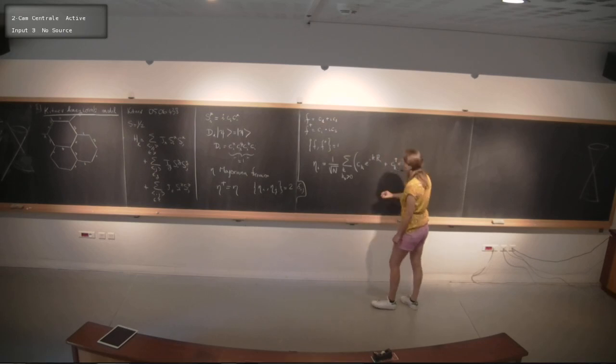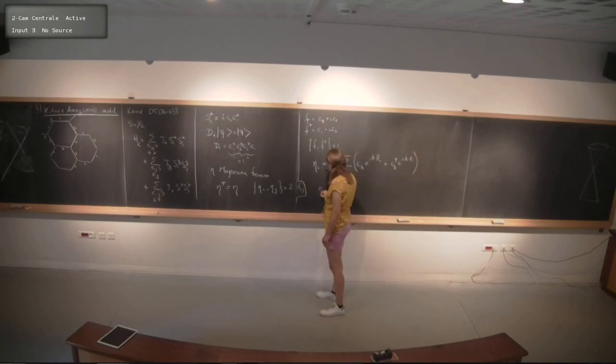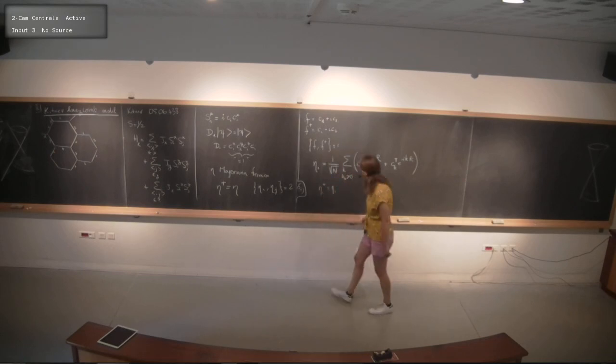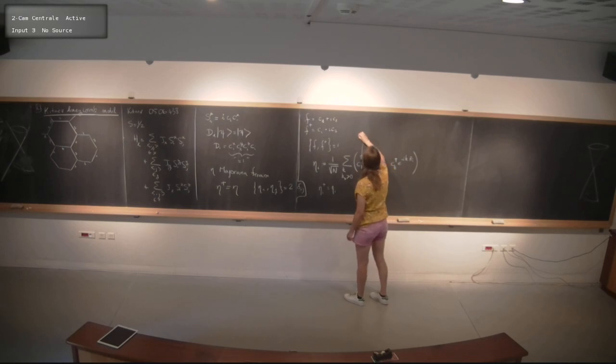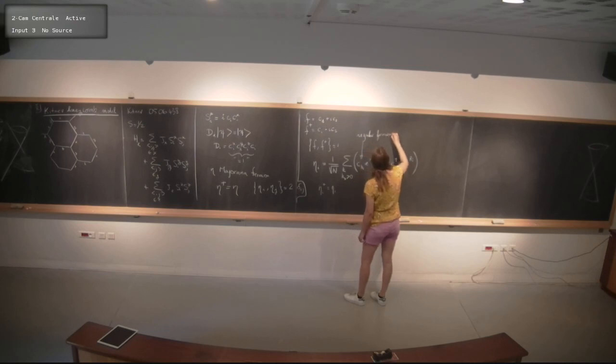And with this, you can check that indeed you have eta i dagger equals eta i, which was the definition. And these guys are actually regular fermions, but they only exist for half of the k's.